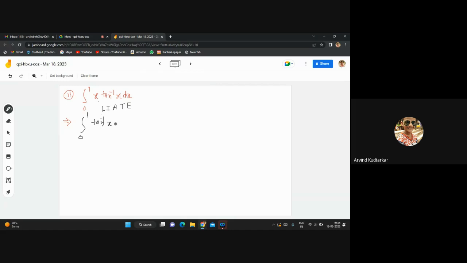What do we get? x square upon 2, minus integration of the derivative of tan inverse, which is 1 upon 1 plus x square, times integration of x, which is x square upon 2, times dx. The limit is 0 to 1, and here also the limit is 0 to 1. That is: first times integration of second, minus integration of derivative of first times integration of second.